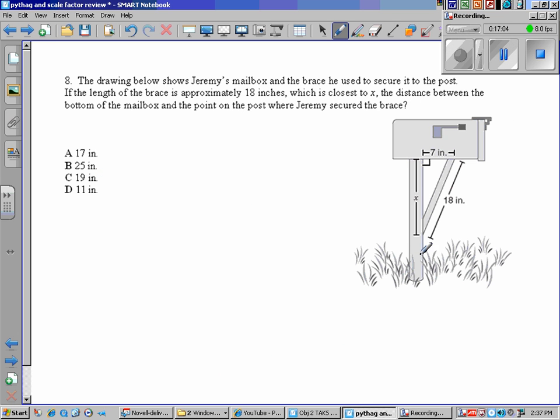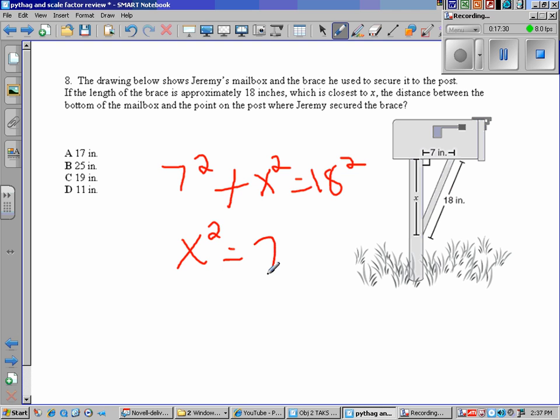The next one, okay, it already has the picture drawn for you. Here's the hypotenuse. I'm missing a side. I have 7 squared plus x squared equals 18 squared. So now I have 18 squared minus 7 squared, so x squared is going to equal 275.